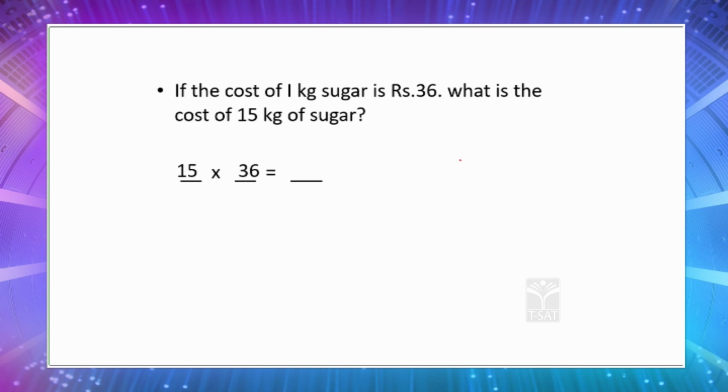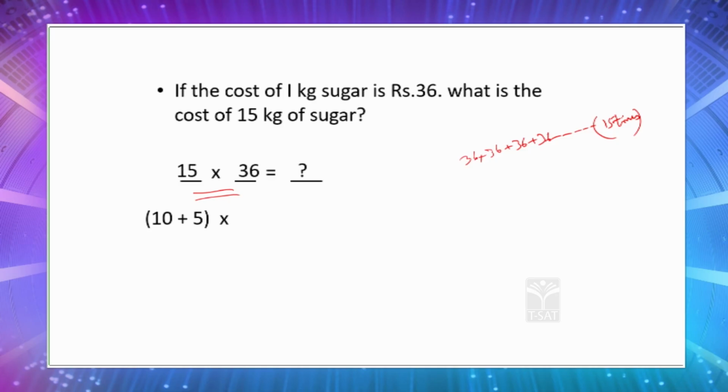That means 36 plus 36 plus 36 up to 15 times, adding 36 repeatedly to get the result. Instead of repeated addition, we use the multiplication concept. So, try to understand this process.